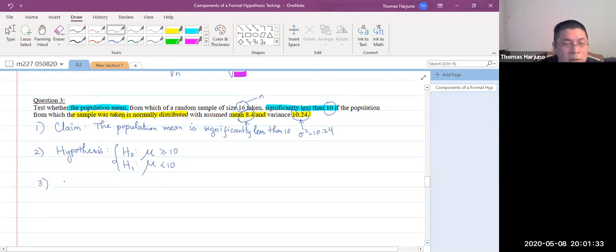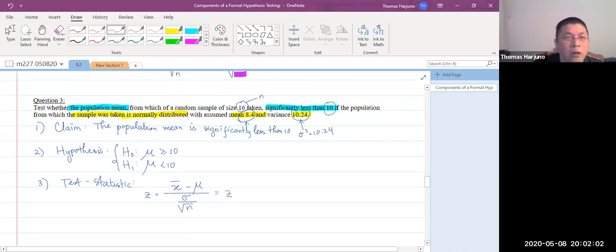Step 3, that's the statistic. Z equals X bar minus mu over sigma over square root of n.